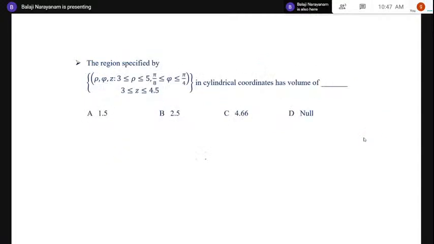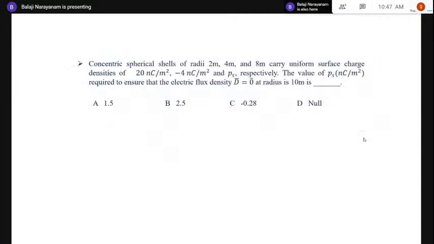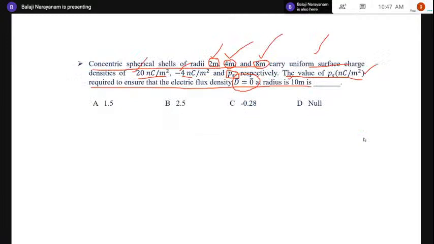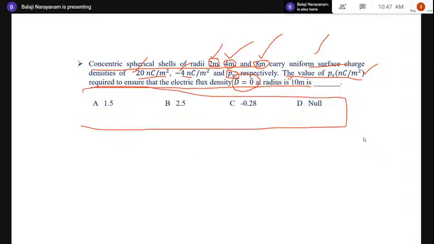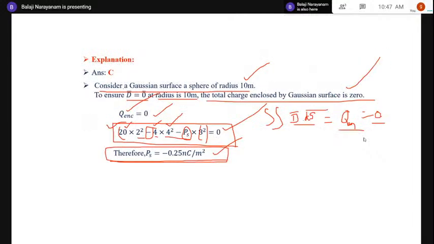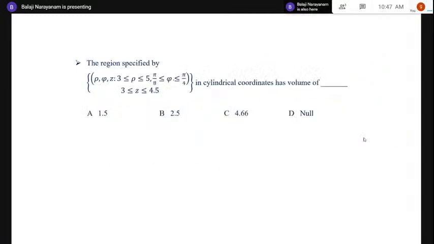So if you remember the concept of Gauss law, you may not be asked directly a question based on Gauss law. You may be asked like this, but you are making use of the concept of Gauss law in order to solve such problems.